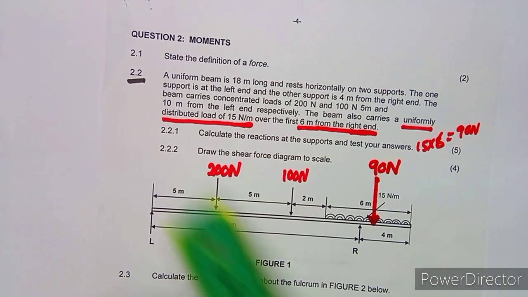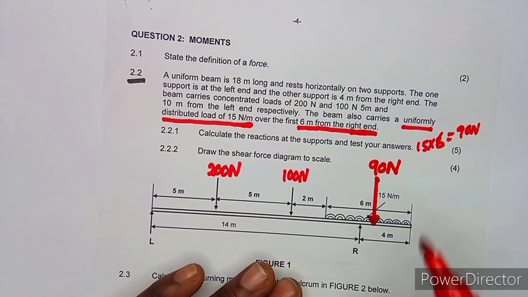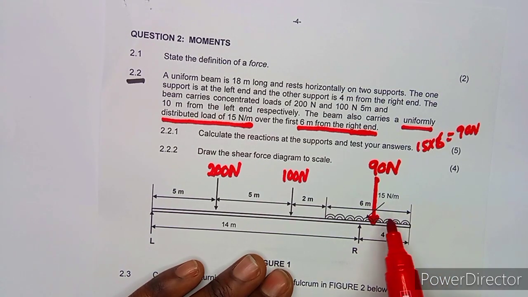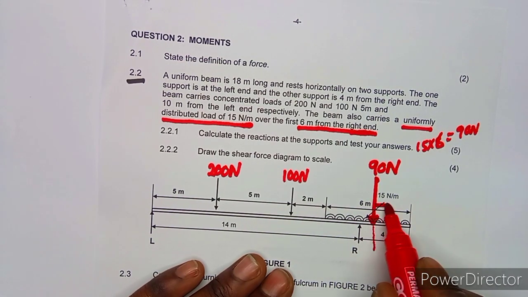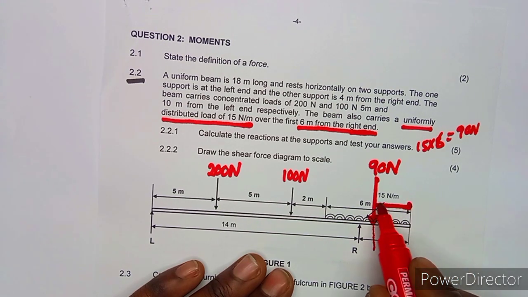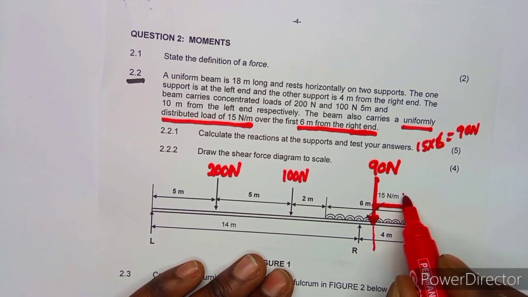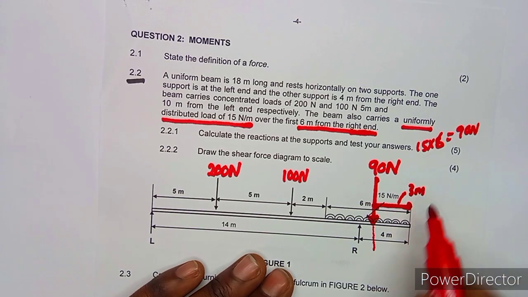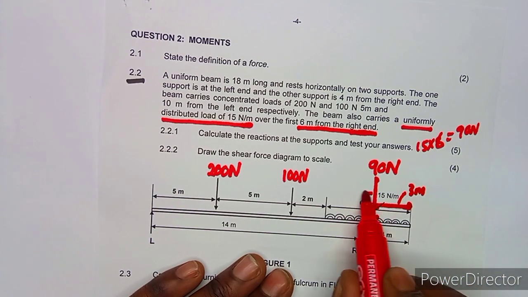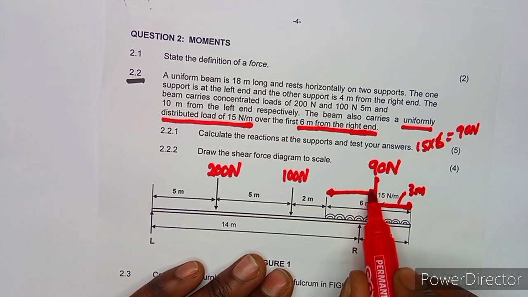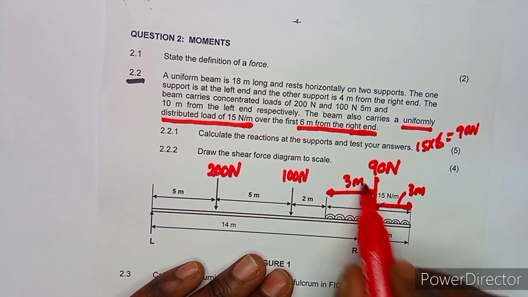The distance is divided into 2, so from this point to this point we have 3 meters, and from this point to this point we also have 3 meters.